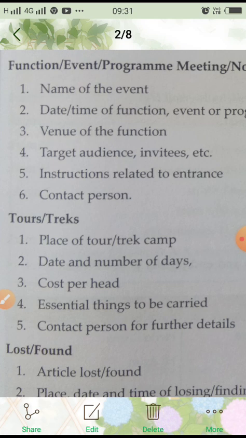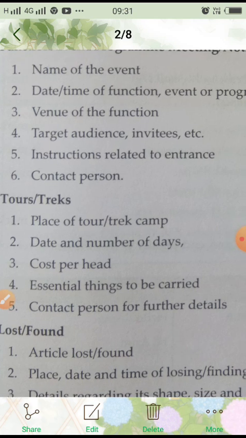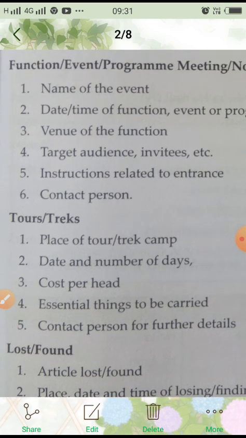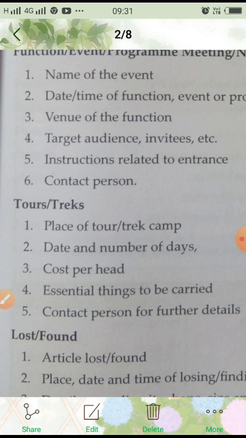That is called the target audience, the invitees, and you have to mention them. Suppose in a school, we say that all the students of class 9th and 10th, if they are interested to take part in the program, can give their name to the consult teacher.